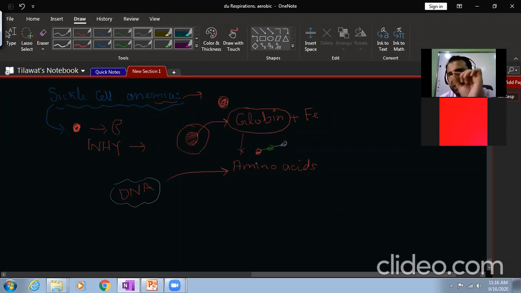Because of that one nucleotide mutation, this normal sequence of amino acids will change. Is it clear? Instead of the glutamic acid amino acid that is normally present in this chain at a specific position, it will change into valine.